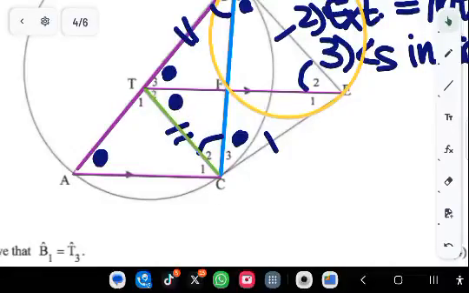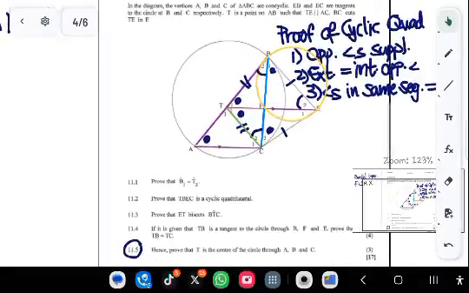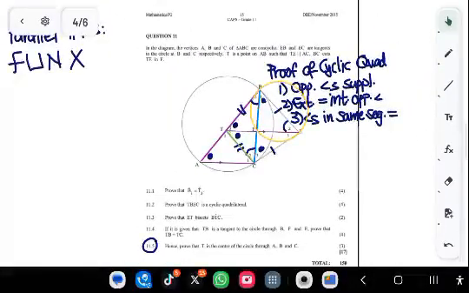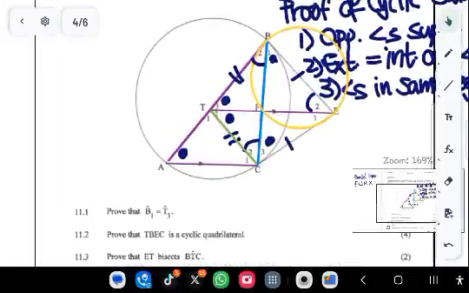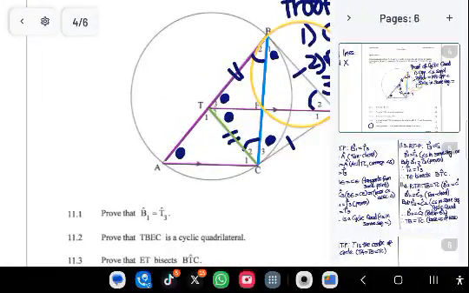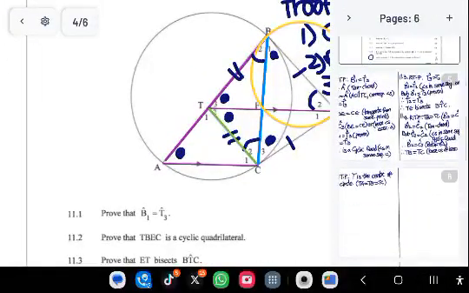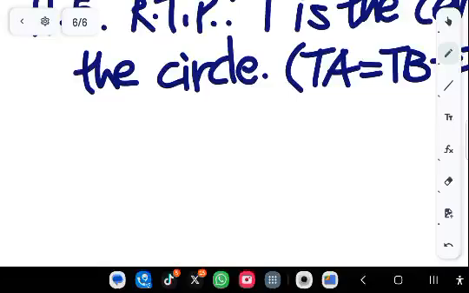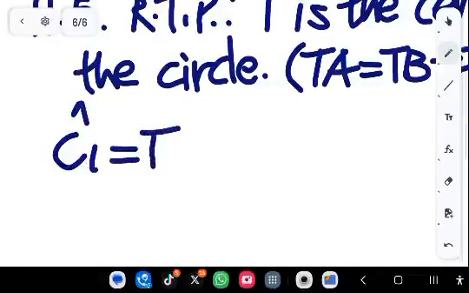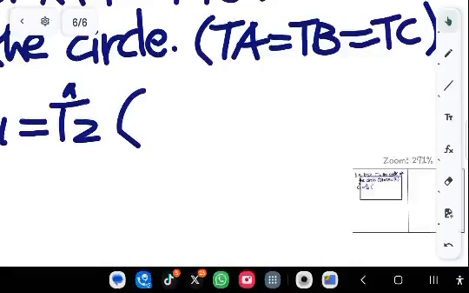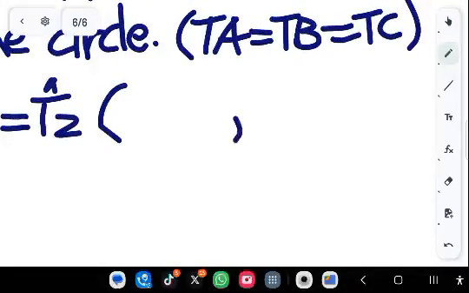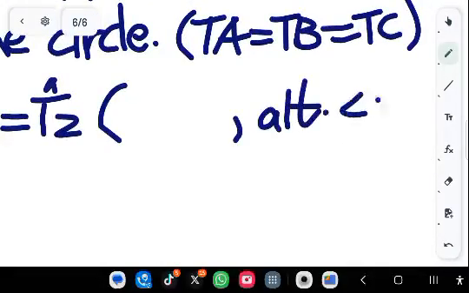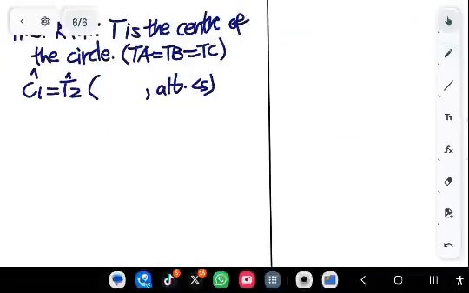Angle C1 equals angle T2, and the reason is parallel lines, alternate angles. What are the parallel lines again?